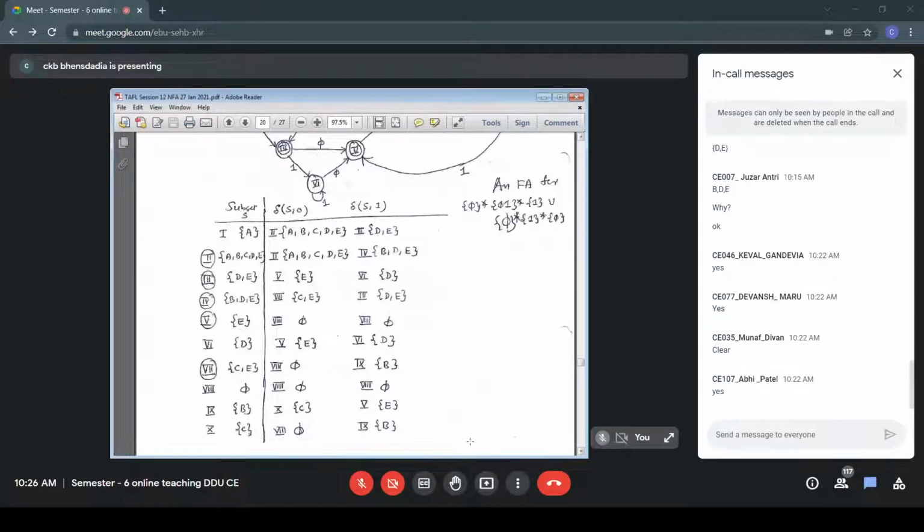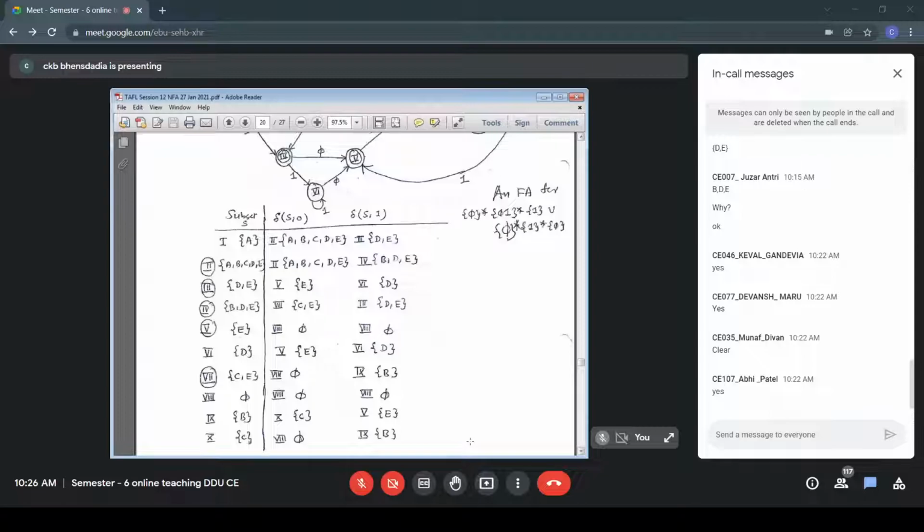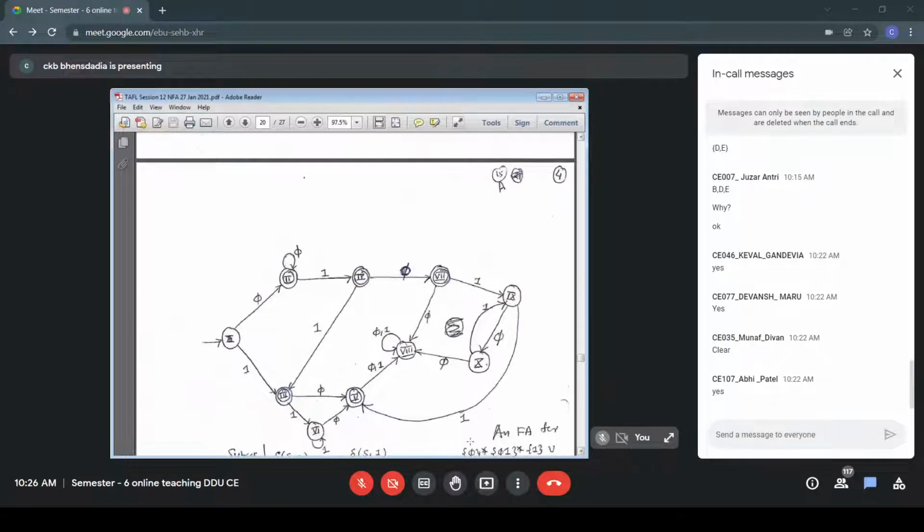That's it. So those are my accepting states: 2, 3, 4, 5, 7. So you'll find double circles there.